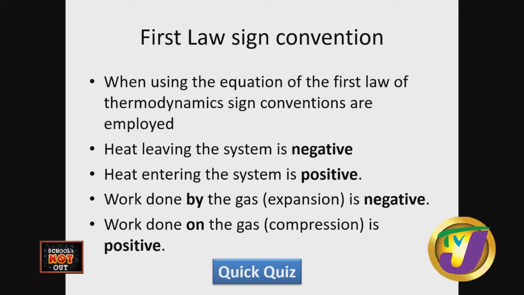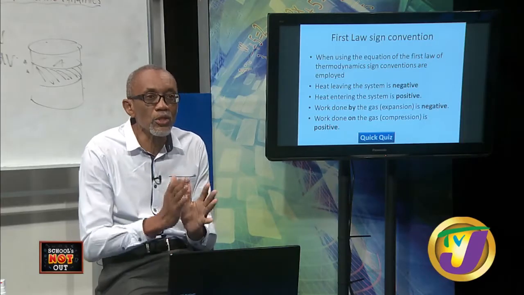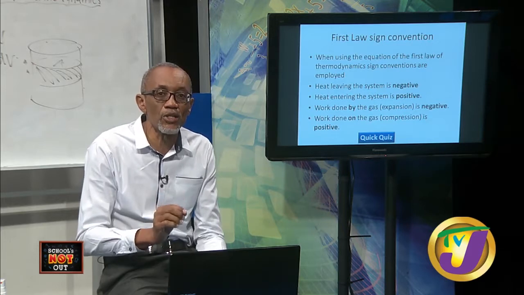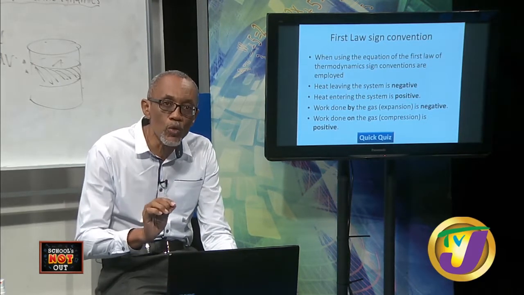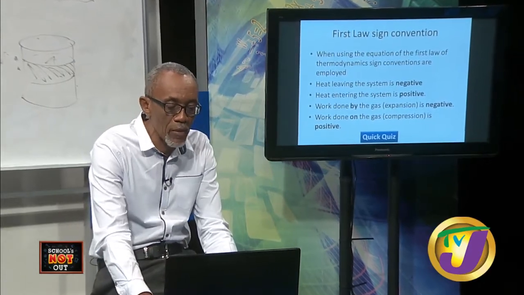Any work done by the gas, that is if the gas expands, that work is taken as negative, and if the gas is compressed, that work is taken as positive. Okay, and so we must apply these sign conventions because it's very critical to the outcomes of how we use the first law of thermodynamics.